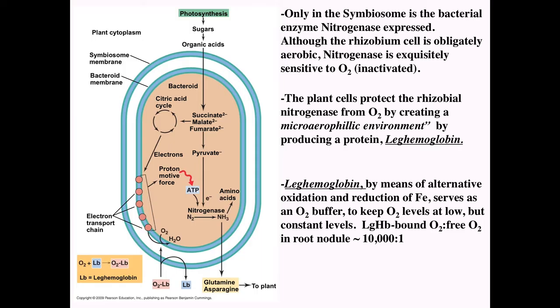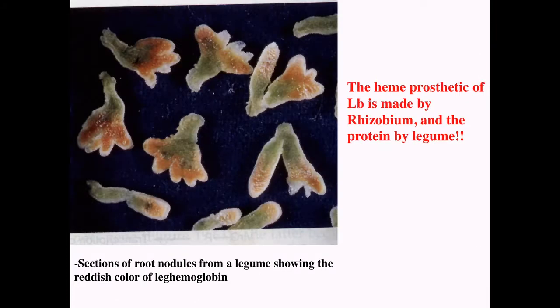Now, the really cool thing about this symbiosis in terms of this leghemoglobin is even this molecule is a symbiotic product. The heme portion of leghemoglobin, that portion that has the iron and binds oxygen, is actually synthesized by the bacterium. Yet the protein is synthesized by the plant. So it's a joint venture to synthesize this molecule.